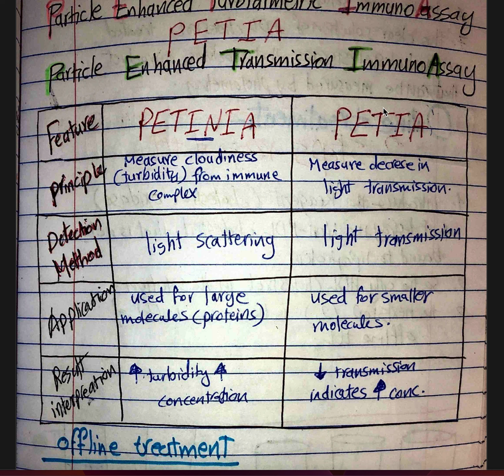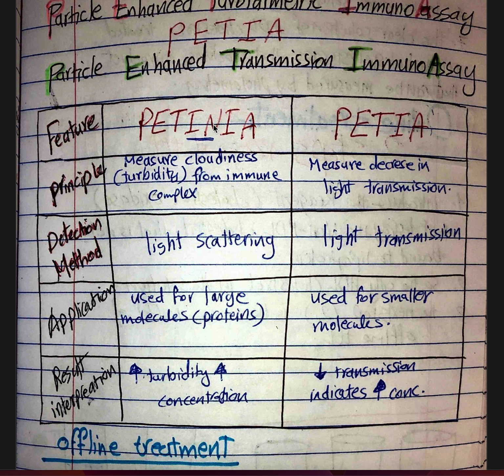exactly particle enhanced, but T is transmission. So they have the same thing, but here particle enhanced turbidimetric immunoassay, with the N added, is called particle enhanced transmission immunoassay. We add the N because we want to distinguish between them.